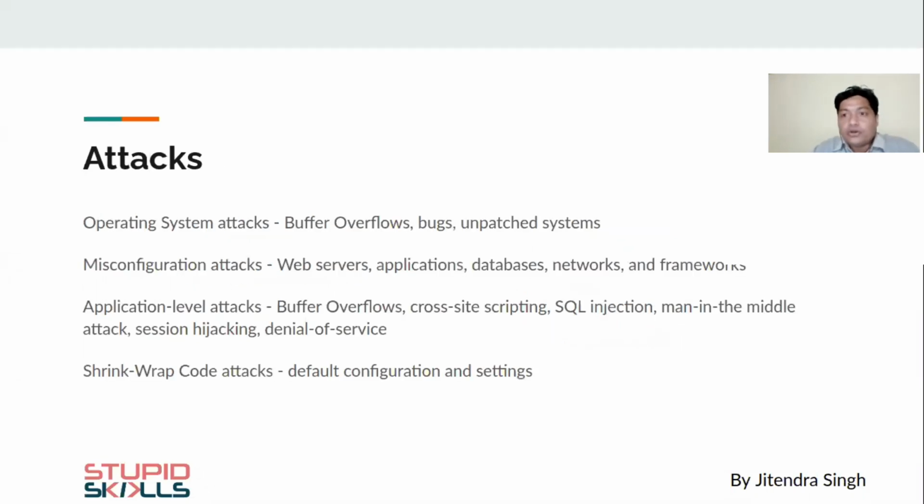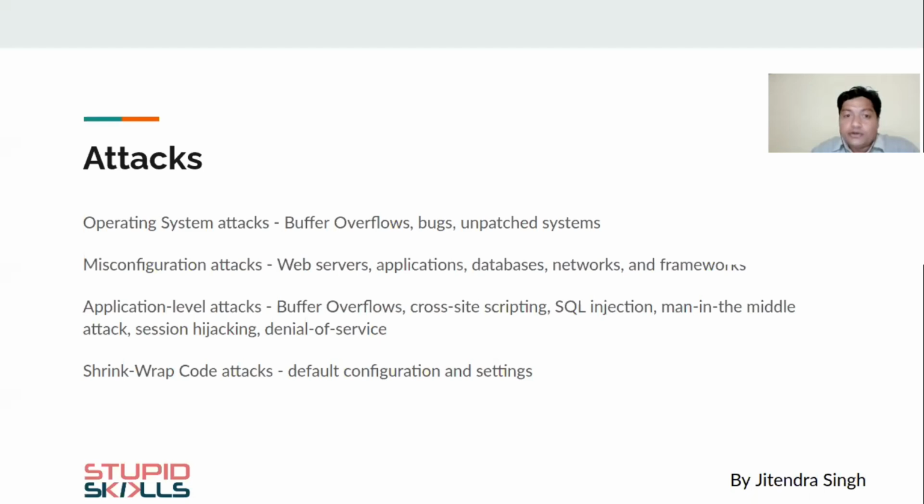If we talk about attacks, they are generally these types. You would find something called operating system attacks, then misconfiguration attacks, then application level attacks, and then shrink wrap code attacks.